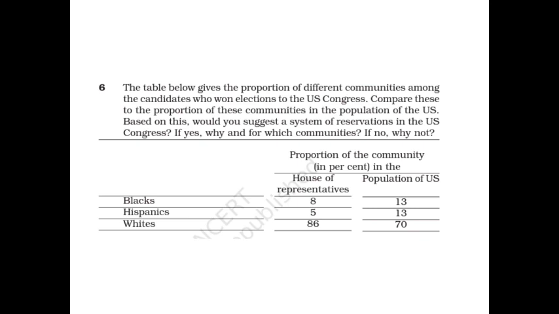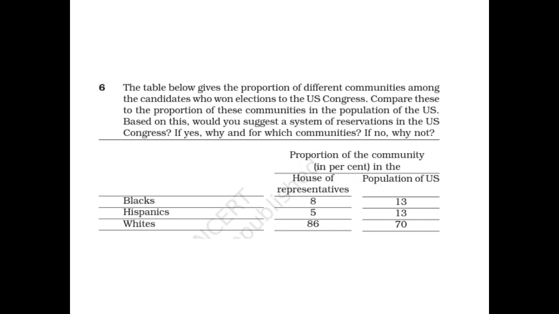All administrative matters at the national level take place in Parliament, so it is the administering body in the US. Compare this to the proportion of these communities in the population of the US. Based on this, would you suggest a system of reservation in US Congress? If yes, why and for which communities? If no, why not?